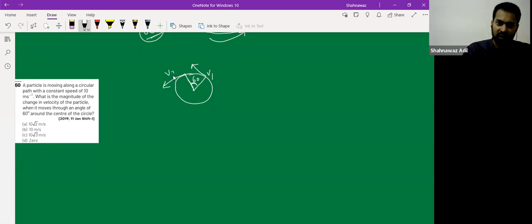So this is now the velocity, right? So v1 and v2 are making a 60-degree angle. Now you guys have to calculate what? So v1 and v2 are making a 120 angle.